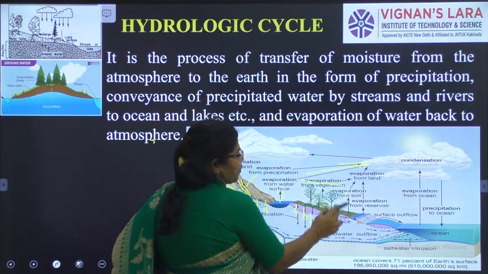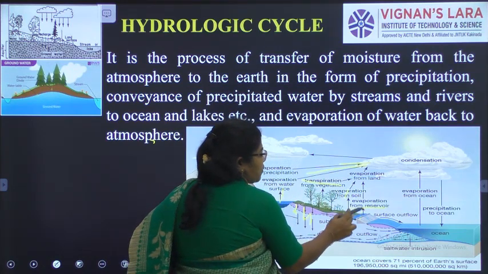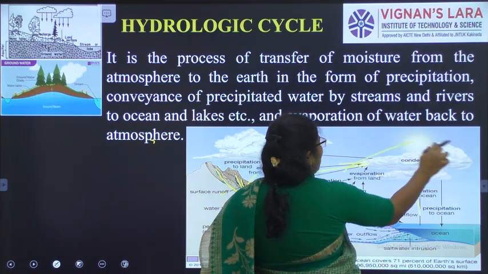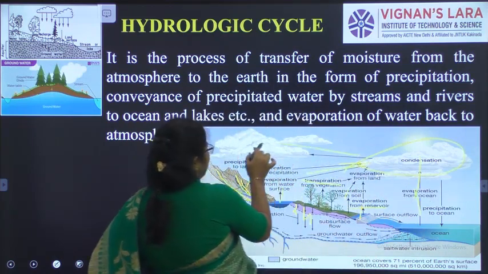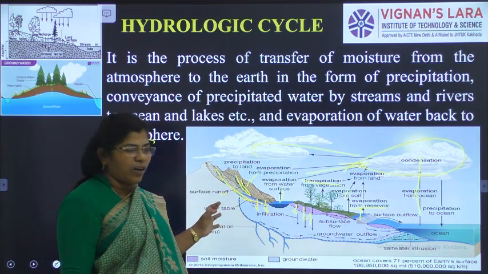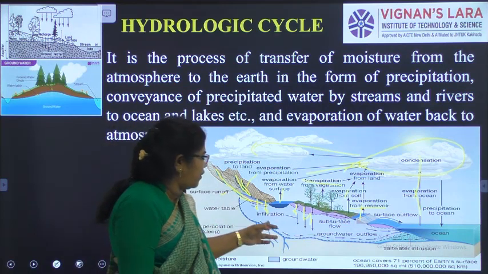Evaporation from the land, evaporation from the soil, transpiration from the vegetation, evaporation from reservoirs, everything from the ocean, it will all go and form the clouds. Again these clouds will give rain or snow. So this is the infiltration.